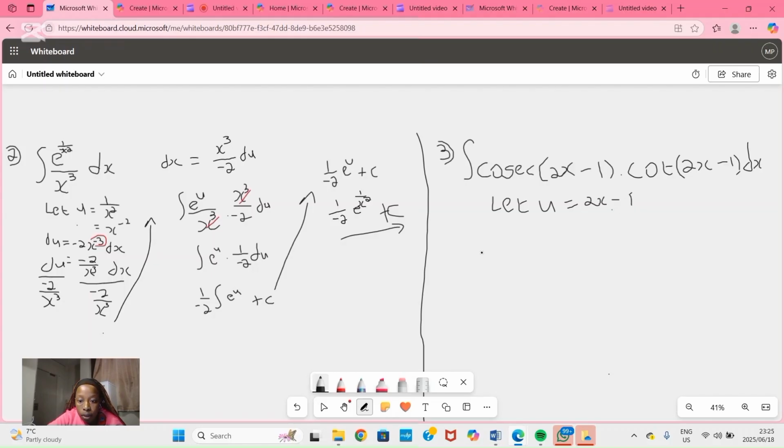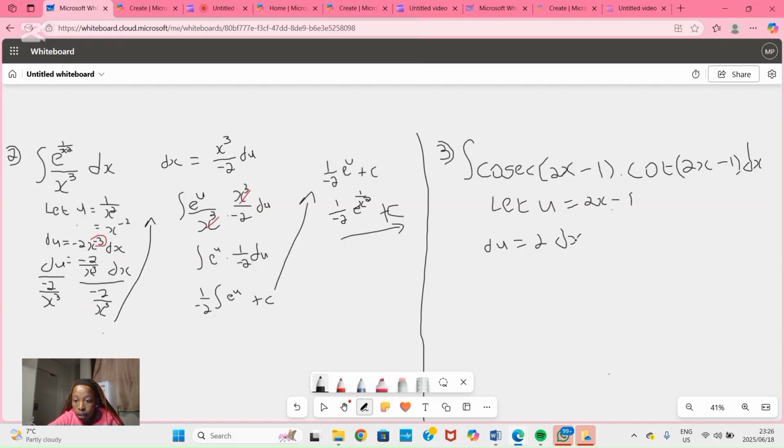So deriving 2x minus 1, du is equal to, deriving 2x we're going to have 2, because this is a constant it becomes 0. We have 1 as the exponent here. We're going to transpose this one down, then 1 minus 1 is equal to 0. Anything to the power of 0 becomes 1, so we are left with 2 dx.